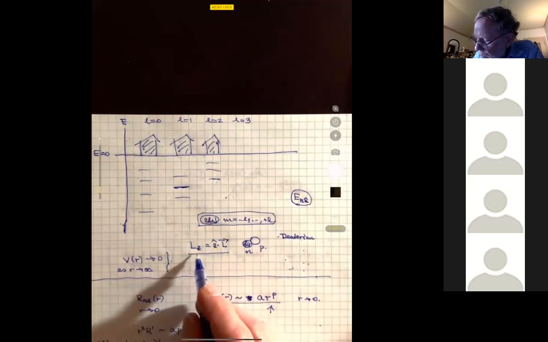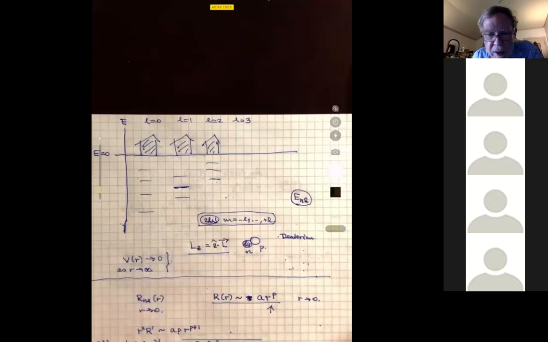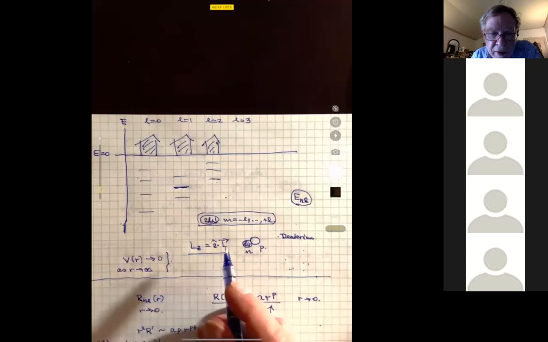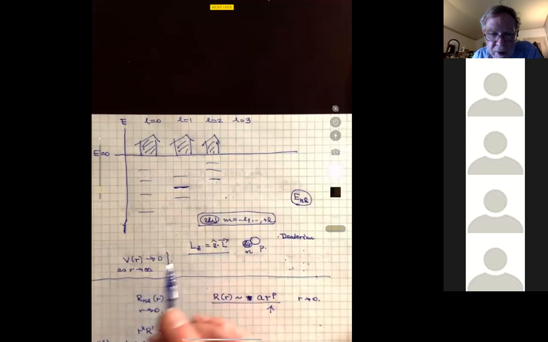LZ is the projection of the angular momentum onto the z-axis. If you took your system and you rotated it, you can think of this classically, if you will, it gives the right idea. You would rotate the L vector, the angular momentum would rotate along with the system. And therefore, it would change the projection of the angular momentum onto the z-axis.